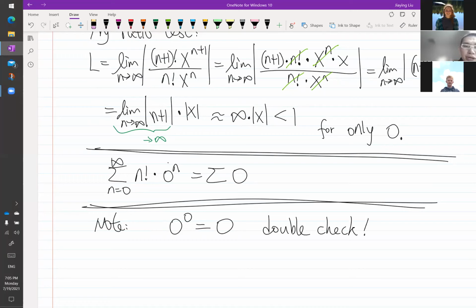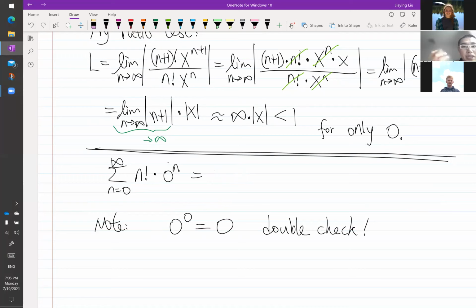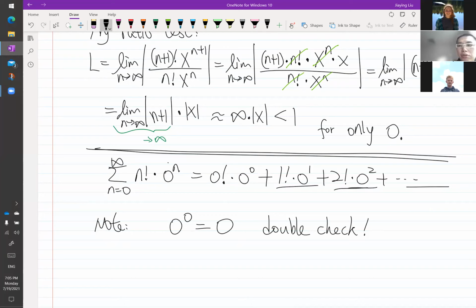And the series that we have, if we expand it with x equals 0, we get 0 factorial times 0 to the 0 power, plus 1 factorial times 0 to the first power, and then 2 factorial times 0 to the second power, and they continue. All those terms become 0.